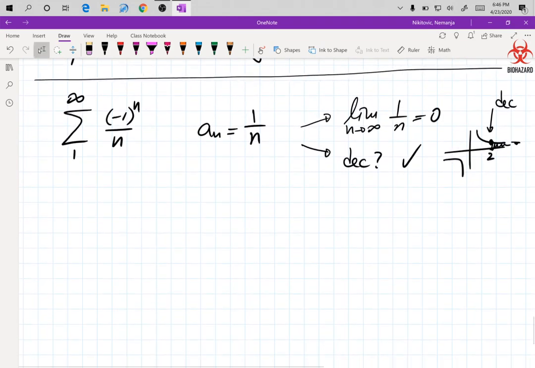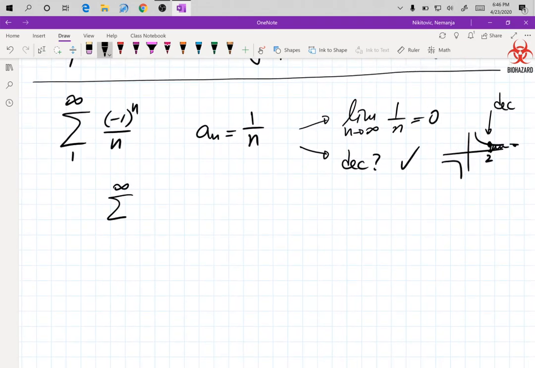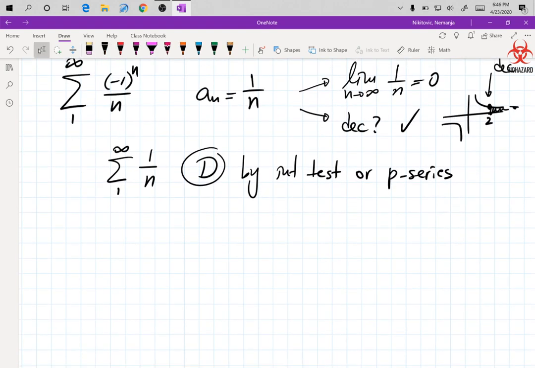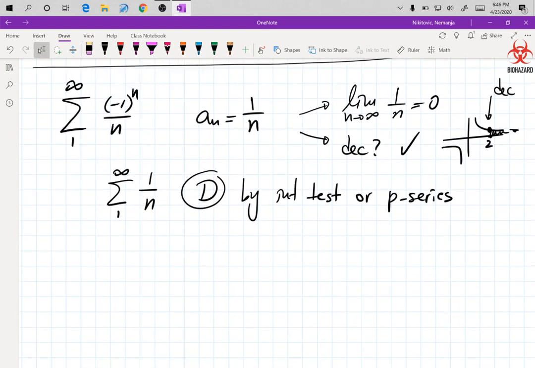So now all I need to do is check the summation of 1 over n, which we know diverges by the integral test or p-series. And that pushes us to conditional convergence. So, the answer. Now I need to explain this, and I will.